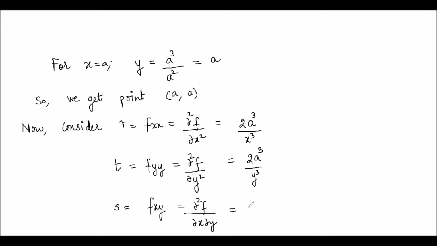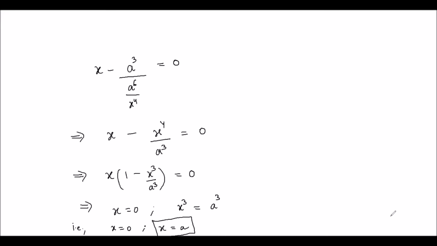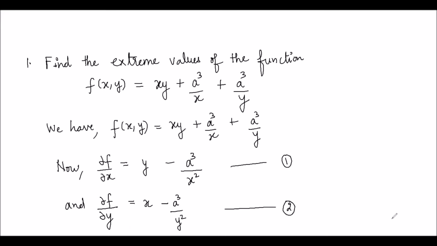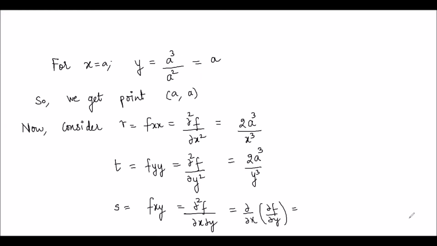How will it be evaluated? It means del by del x of del f by del y. So we'll be differentiating equation 2, which has del f by del y, partially with respect to x. So what we will get? We will get 1. So it will be 1.